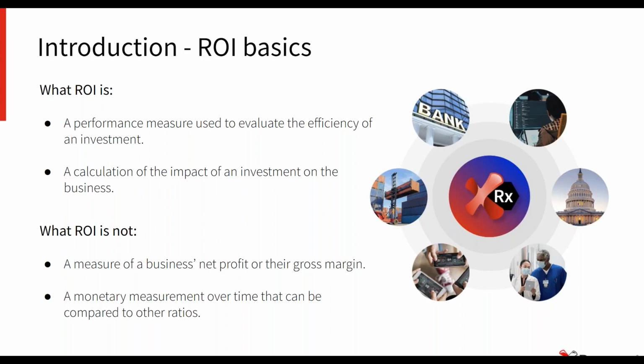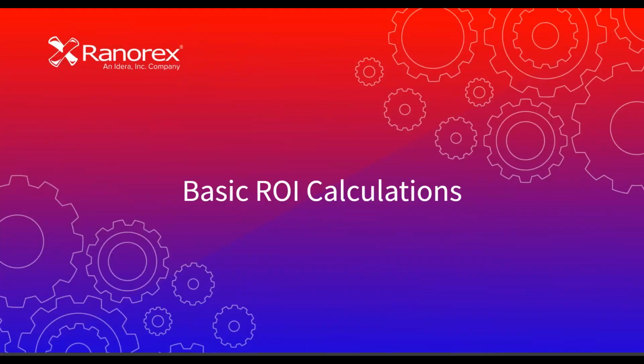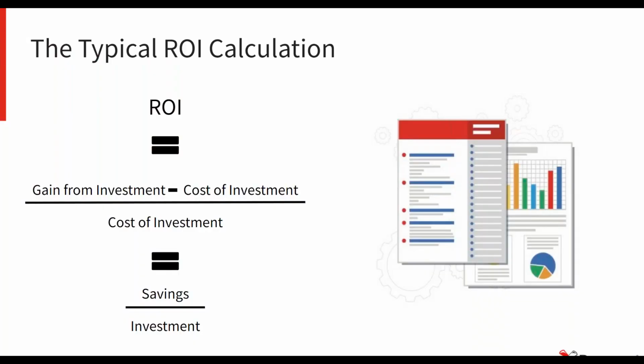So that being said, let's look at the basic calculations that might be behind calculating ROI. As I said, ROI is a pretty rudimentary calculation. It's your gain from the investment that you made minus the cost of the investment, over the cost of the investment. Again, a ratio.